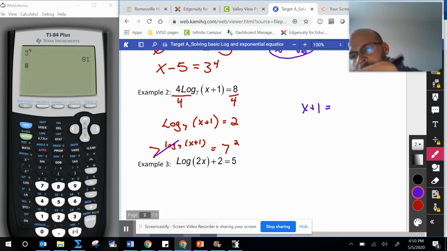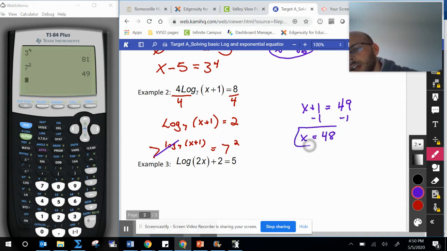On the right-hand side, we're given 7 squared, and you might know that already, but 7 squared is going to be 49. And then if I subtract 1, I get x to be 48. And that would be my final answer. Okay, so isolate the log, and then we're going to get rid of the log using powers.